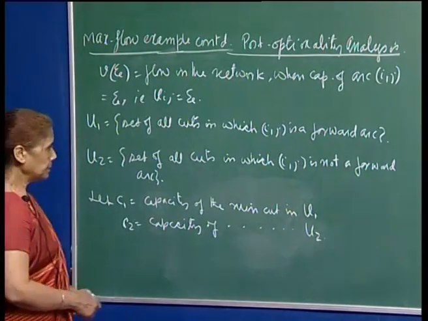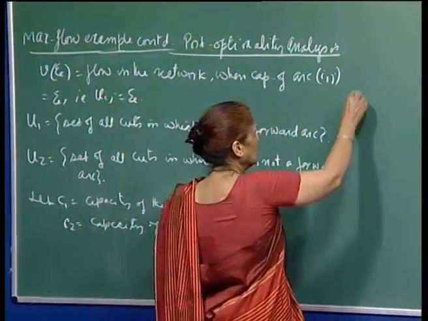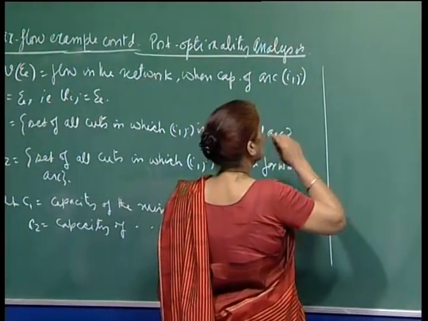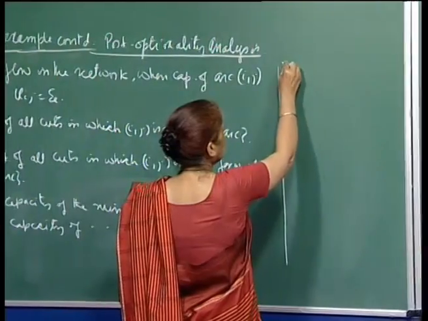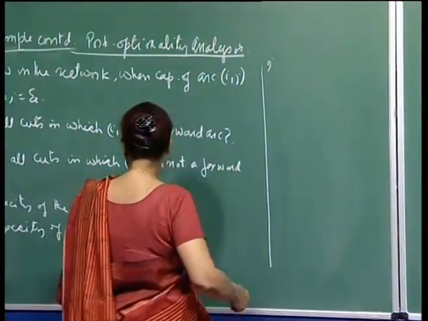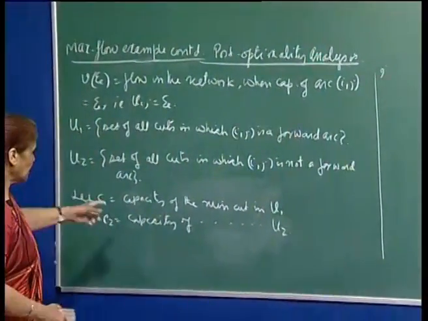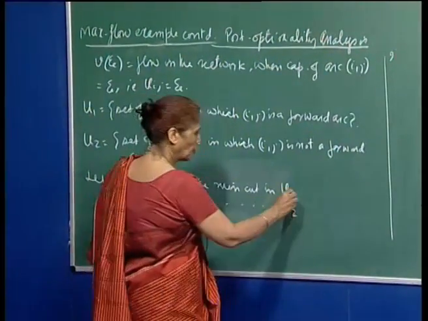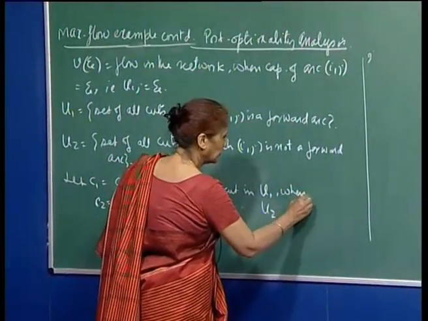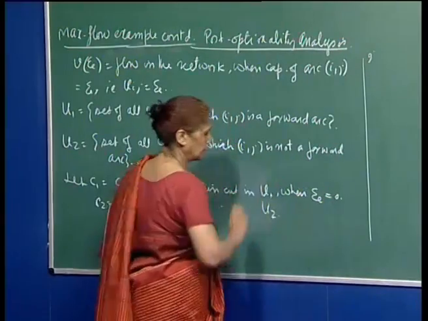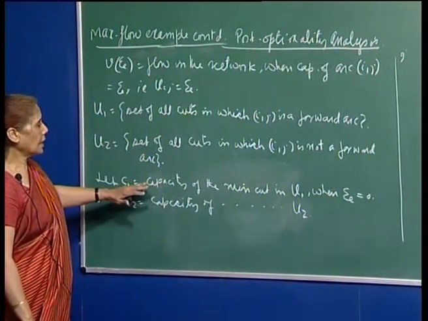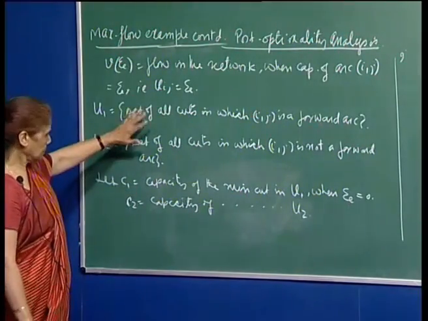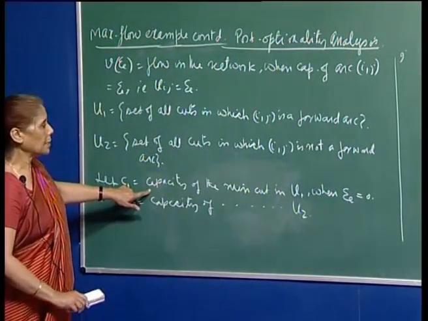Now, see, it is like this: the set of all cuts, the capacity of the minimum cut in U1 when psi is 0. So, I am just putting the capacity of the arc ij as 0 and then finding the cut with minimum capacity.